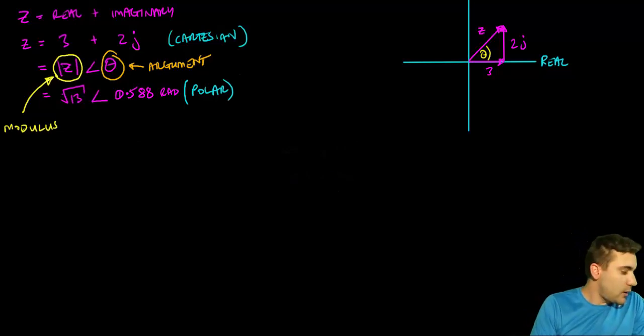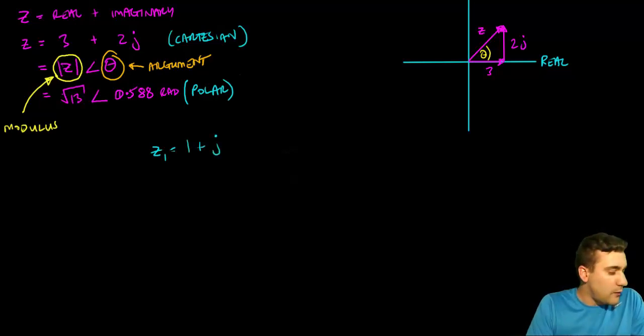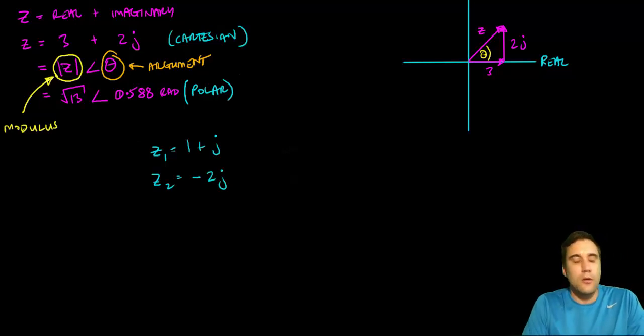Alright, so if we have two complex numbers, z1, which is equal to 1 plus j, and z2, which is equal to negative 2j. So first thing is z1, we've got a real component which is 1 and an imaginary component which is 1j, if you like.